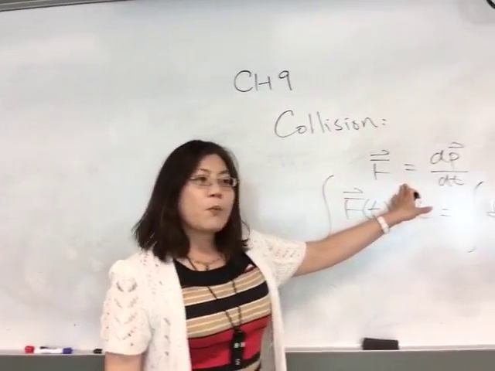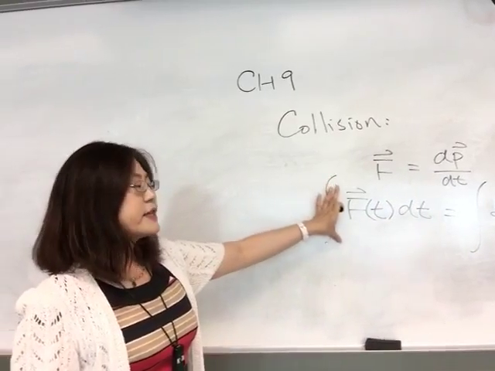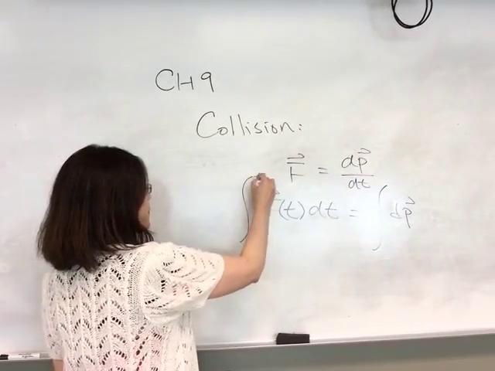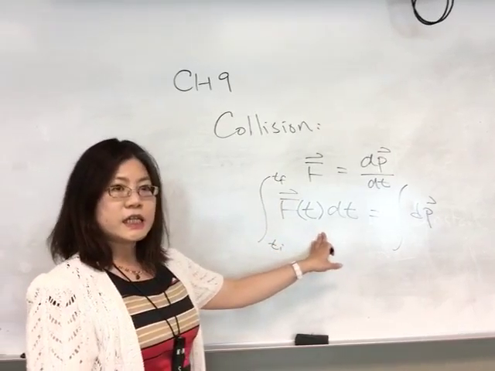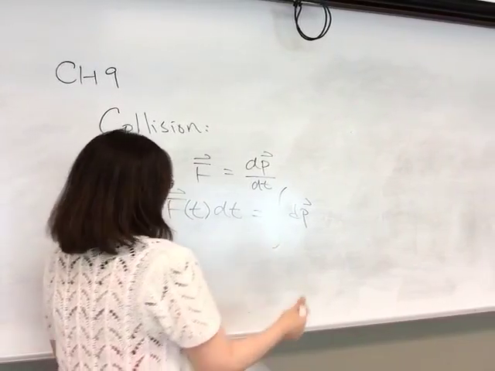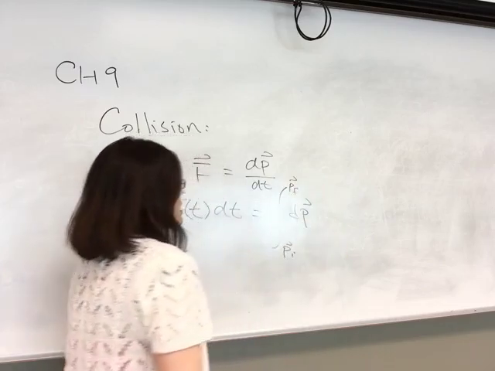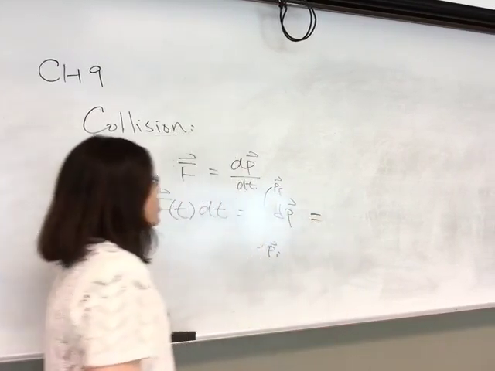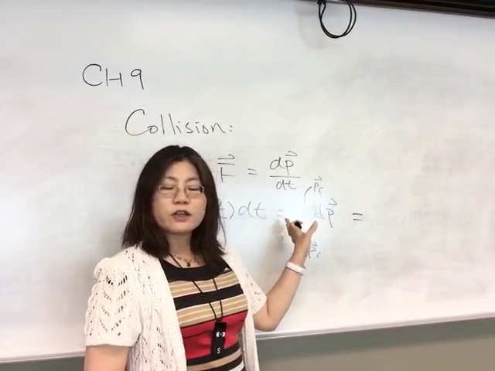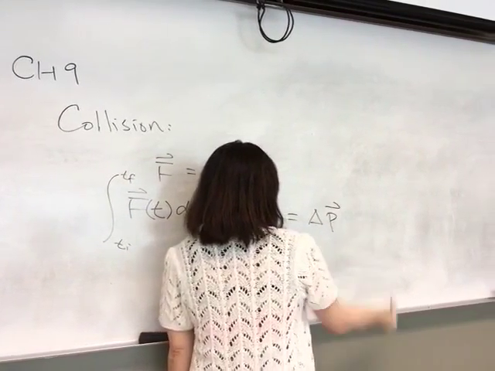Basically, we multiply dt on both sides and integrate, from the initial time to the final time. You have the integral of F of t dt. On the right-hand side, you integrate from the initial linear momentum to the final linear momentum. The differentiation and the integration sign cancel each other, so what we have is the final linear momentum minus the initial linear momentum, which is the change of linear momentum.